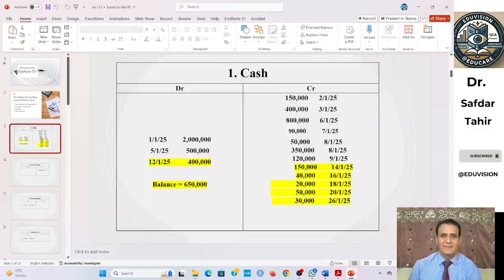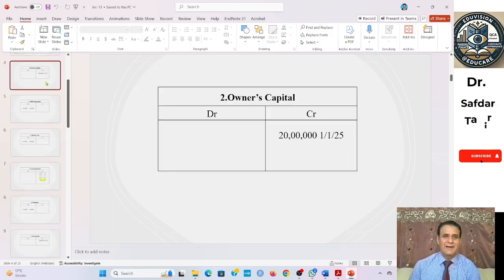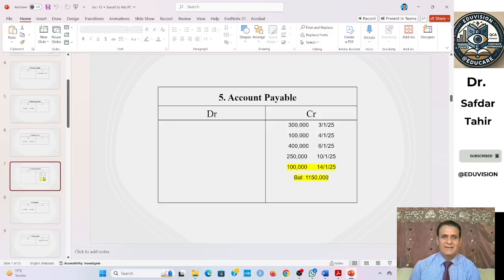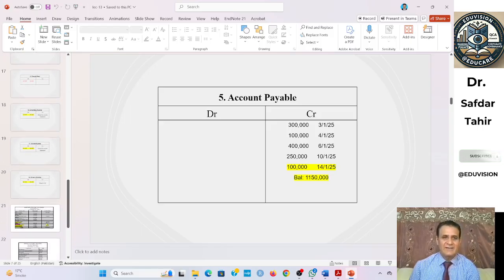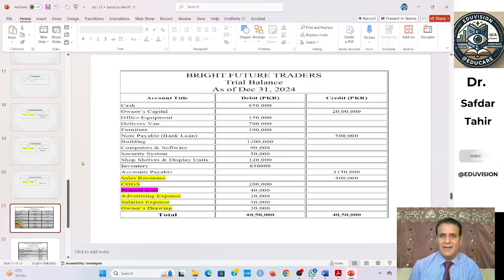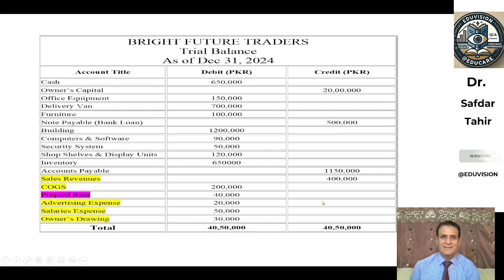This is the first phase, so the cash balance is 6,50,000. These ledger accounts we have already discussed in the previous lectures, and we have reached this trial balance. From the trial balance, how do we make the income statement? This is the question, and we will understand it in this lecture.